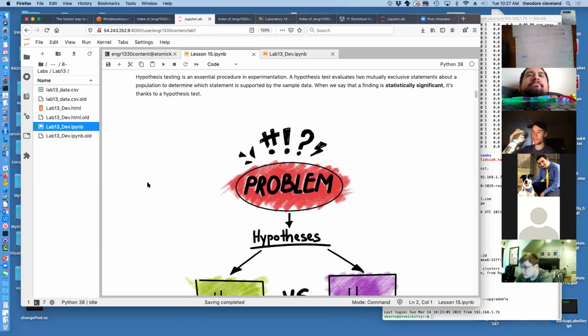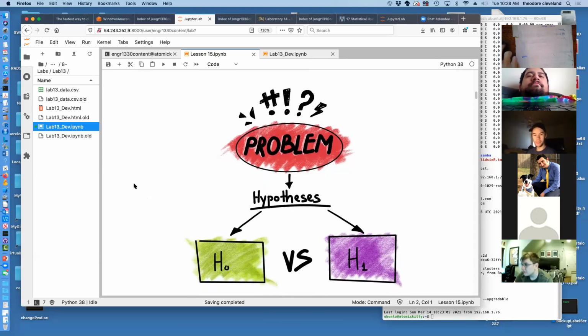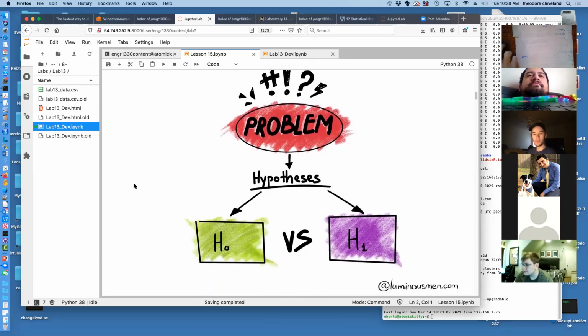And here it's bold-faced because the words statistically significant have a very particular meaning. It means that the difference or the statement you're asserting has been tested with a hypothesis test, and it's found that the attained significance, which is a calculation, is bigger than some sentinel value. Therefore, statistically significant.